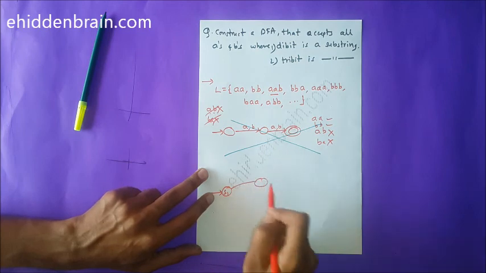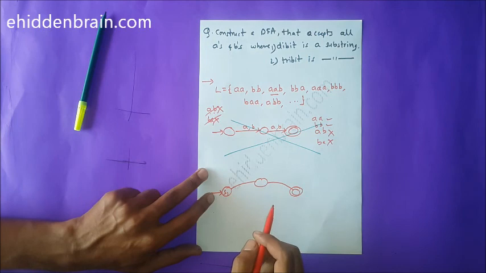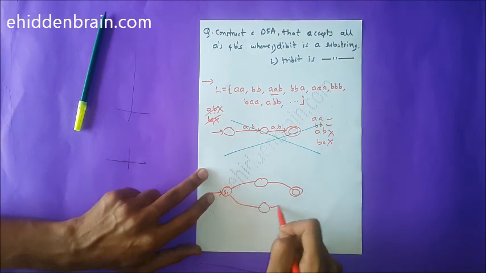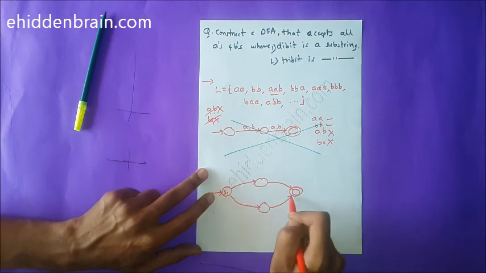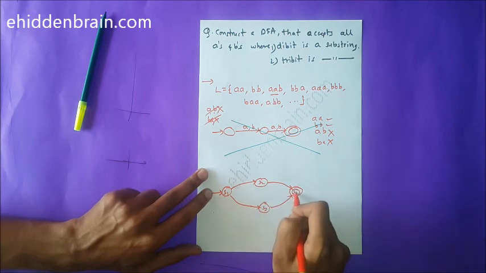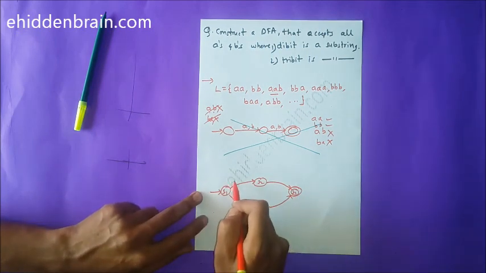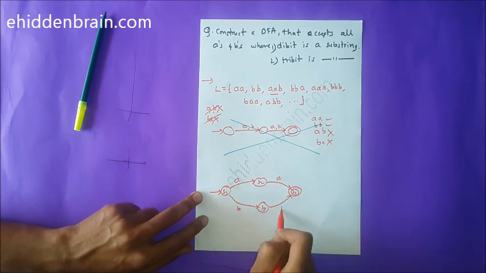I'll say this path follows AA, right, and this path follows BB, okay. Yeah, so this is S2, S3, and you can call this S4. Now this path is for AA, and this path is for BB.